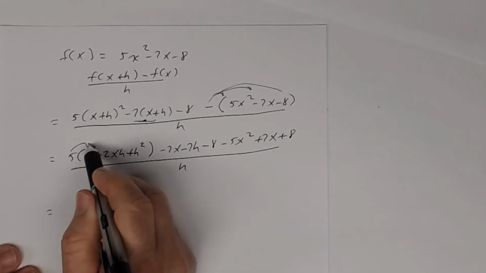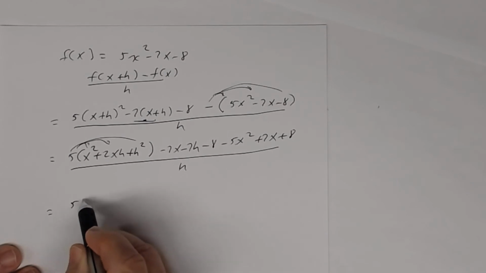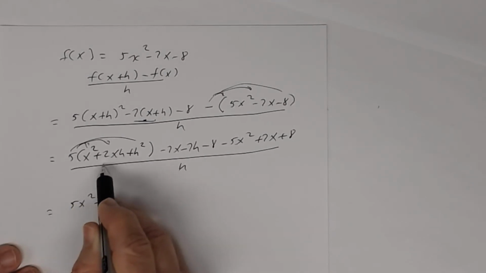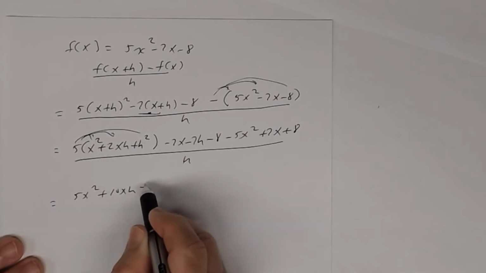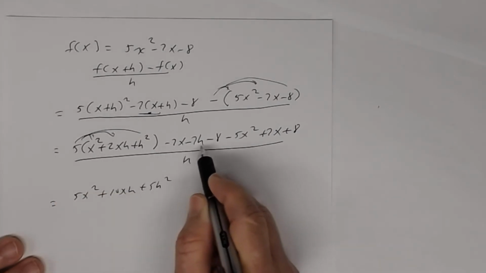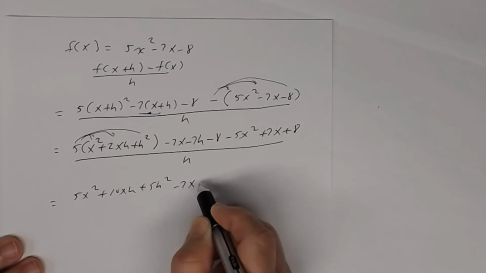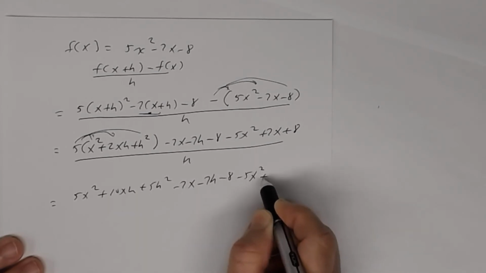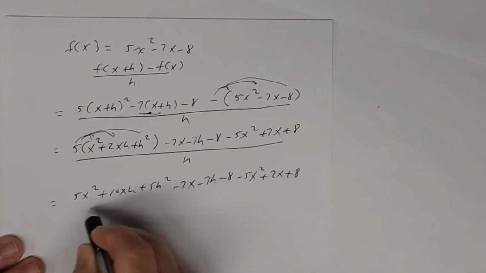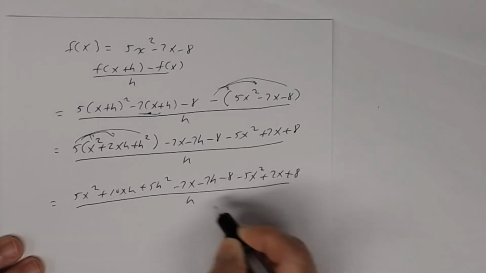Equal. Now let's go ahead and distribute. So I get 5x squared. 5 times 2xh is 10xh. 5 times h squared is 5h squared. And let's go ahead and write everything else over. Minus 7x, minus 7h, minus 8, minus 5x squared, plus 7x, plus 8. All of that is being divided by h.